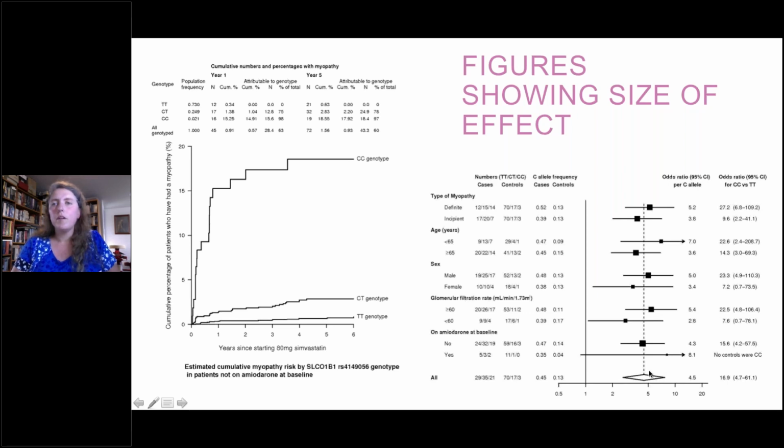But then in this particular example, we have the same association tested in patients of different subgroups. So we have the younger patients in this group and the older patients in this group.